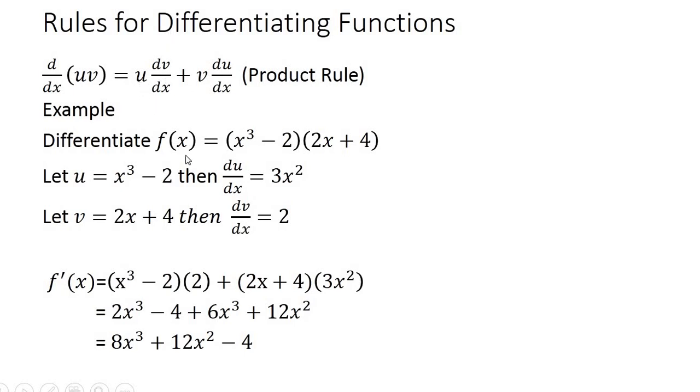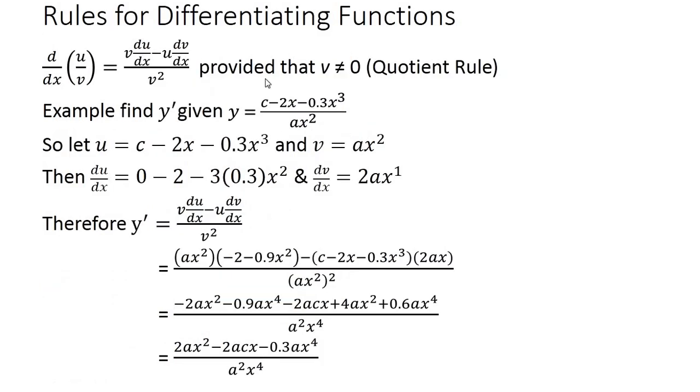We substitute u as x cubed minus 2, and dv/dx by the derivative of v, which is 2, plus our v, in this case 2x plus 4, times du/dx, which is 3x squared. Multiplying this by 2, we get this, and multiplying this bracket by 3x squared, we get that. Then adding these 2, 6x cubed plus 2x cubed is 8x cubed, plus 12x squared, and then minus 4, written in simpler terms.